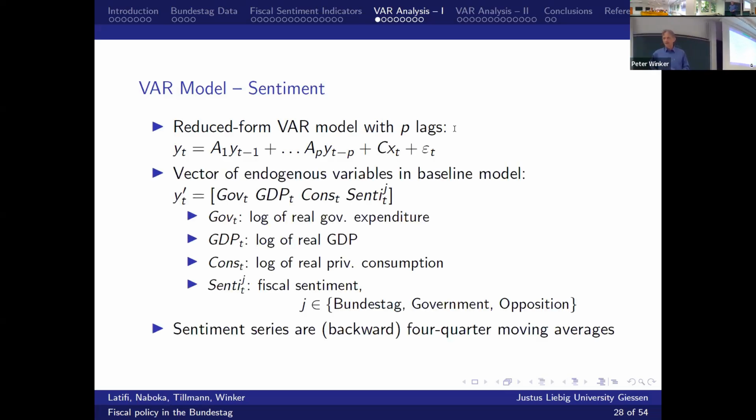And in our base model, I think we have the government expenditures, we have the GDP, we have consumption, and we have our fiscal sentiment, which in the standard version, in the aggregate version, is ordered last. So it may react in the same period to changes going on, which might be a sensible thing to do.